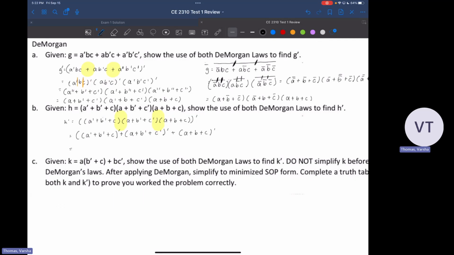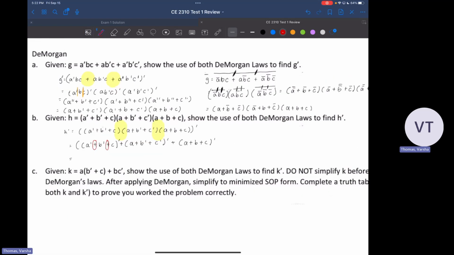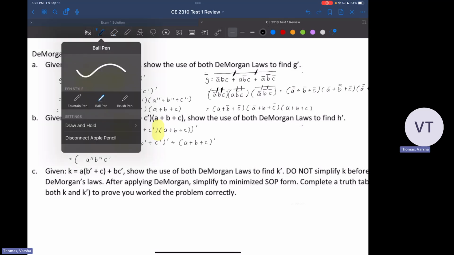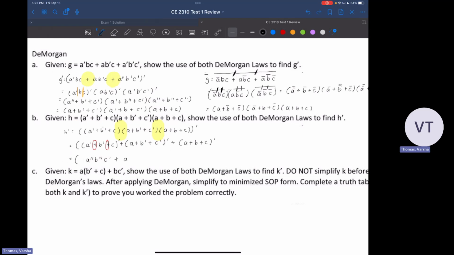Next, we're going to do the same thing, but with each of these ORs. So we will have A naught naught, with B naught naught and C naught. I'm going to erase this because we don't need that. ANDed with A naught, B naught naught, C naught naught.